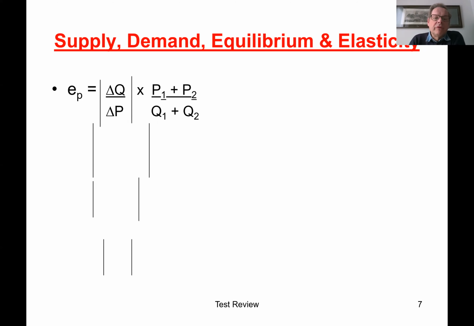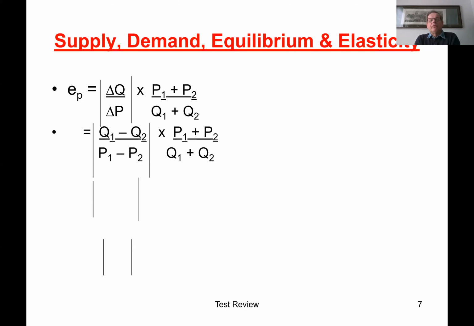Now we're going to substitute into the longer formula where we have price and quantity, which is equal to the absolute value of the change in quantity divided by the change in price, multiplied by price 1 plus price 2 divided by quantity 1 plus quantity 2. We're going to expand the items within the absolute value symbol.